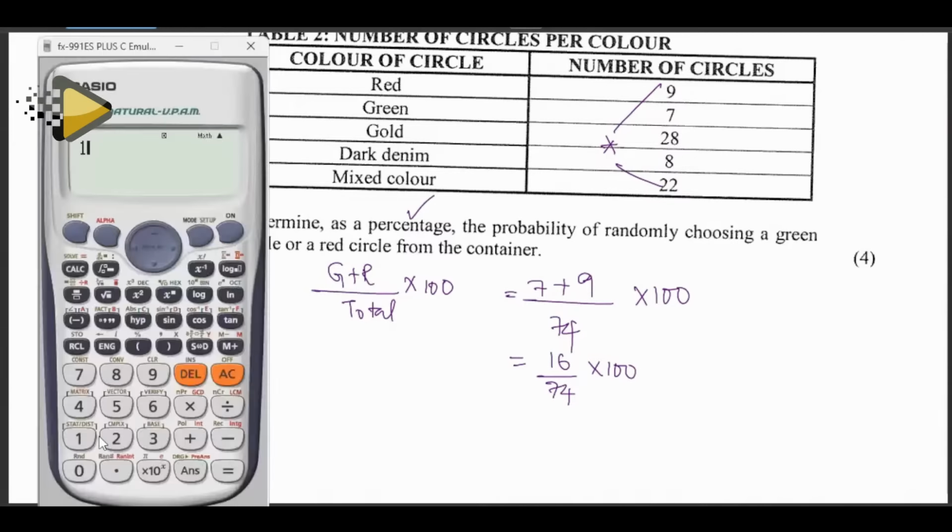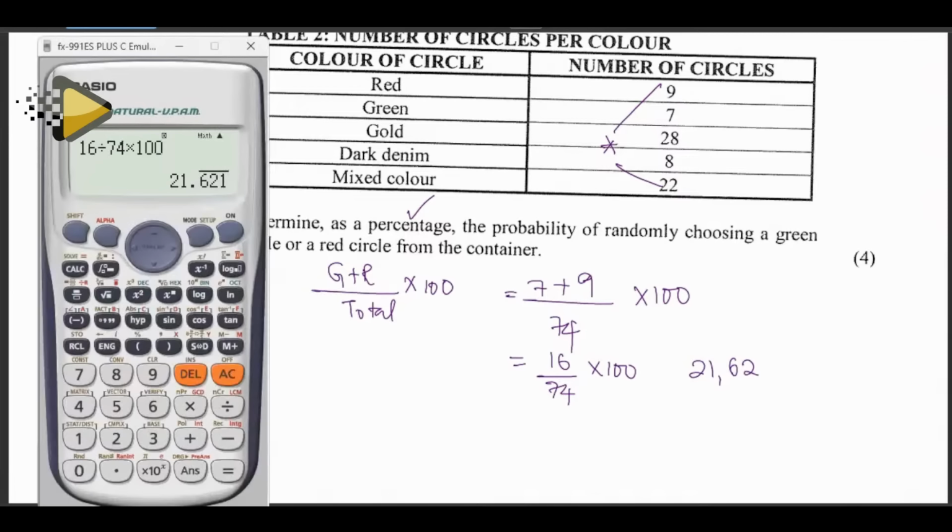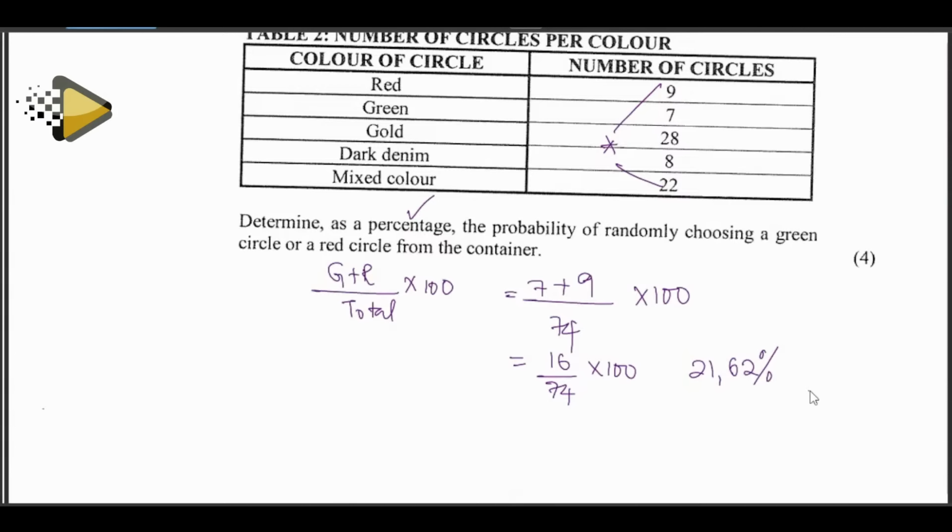So 16 divided by 74 times 100, the answer becomes 21.62%. You can also say the same as 22, because I'm looking at a percentage as a whole number. Anyway, that's what you're supposed to do.